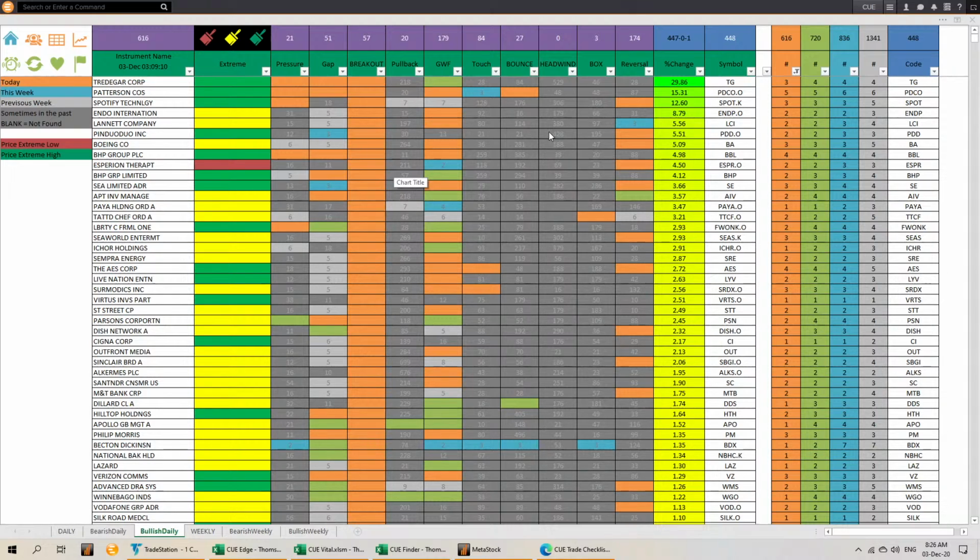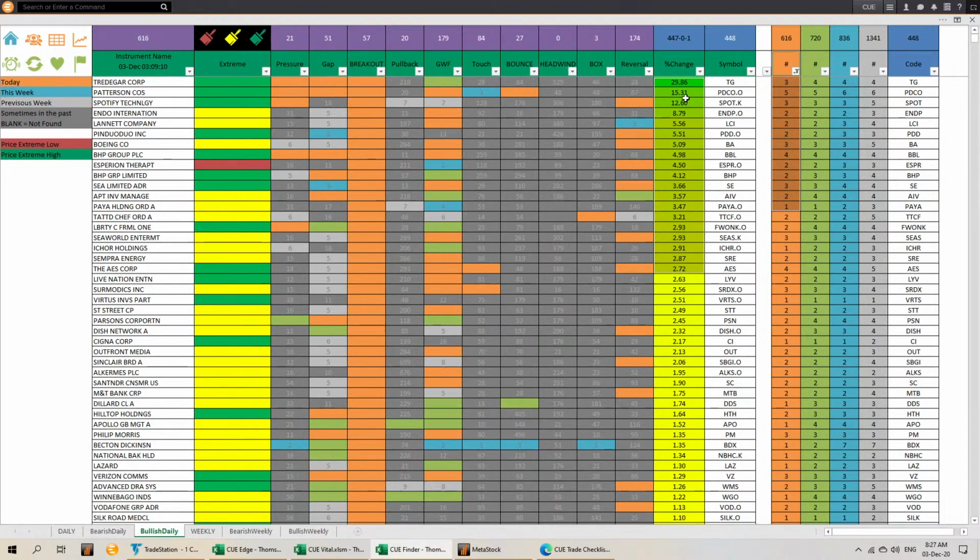Another way to find trades is not to focus on the different Q signals, but just use the percentage change as a starting point. If these stocks are going up most, which are coming to the top when you sort by the percentage change column by double clicking, they must have something going for them, and these are the stocks that have some kind of bullish signal today.